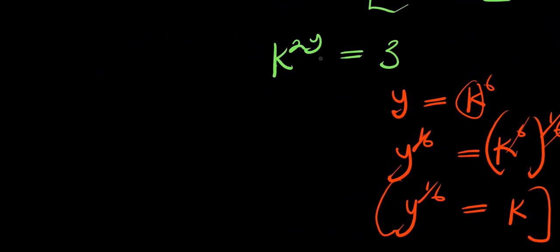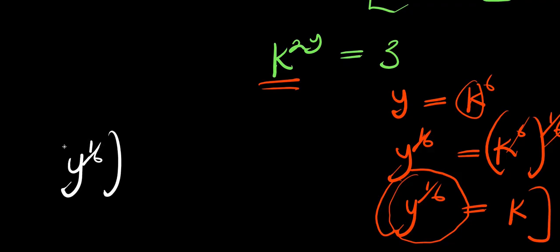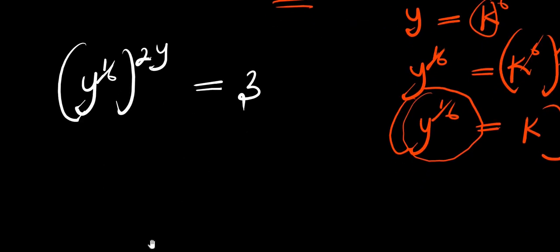So that means we are going to replace this k here with y power 1 over 6. So we have y power 1 over 6 raised to the power of 2 times y equals 3.